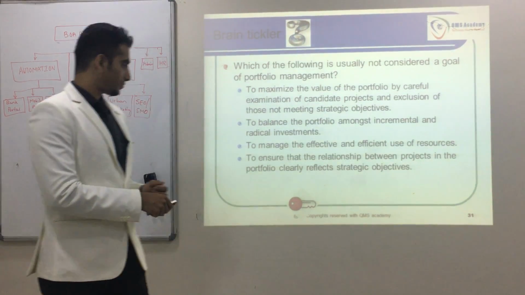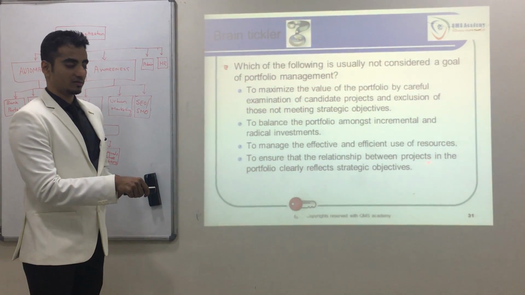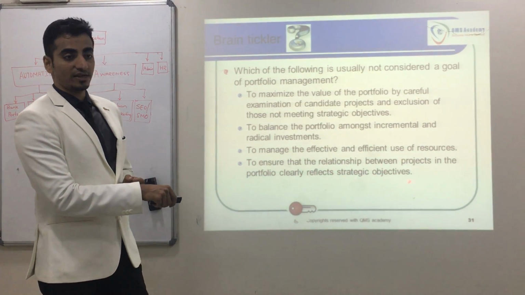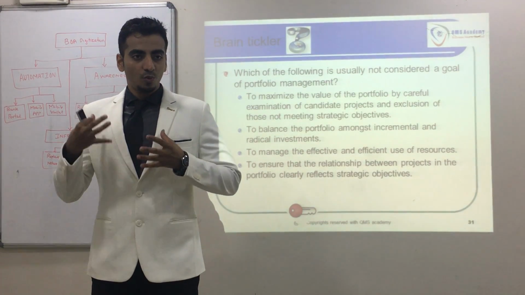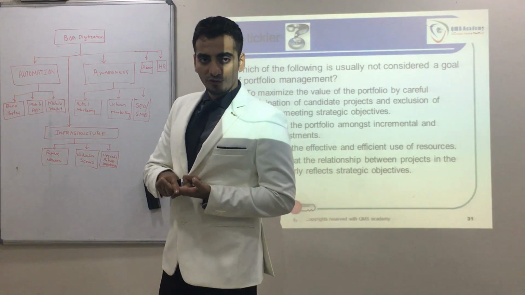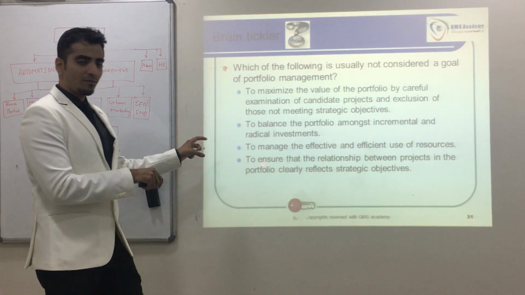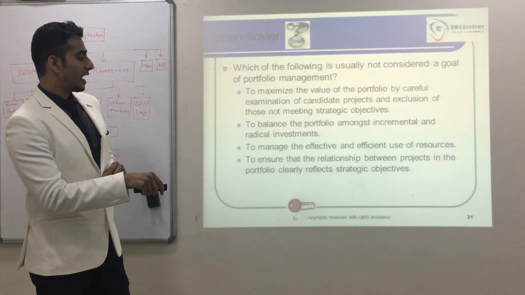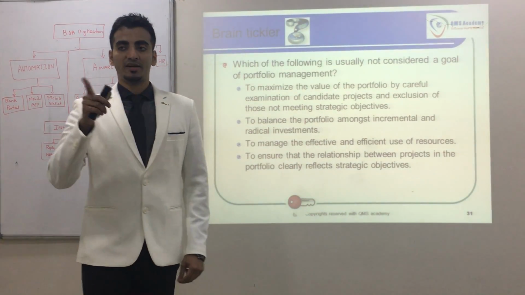And the last option. To ensure that the relationship between the projects in the portfolio clearly reflects the strategic objectives. Now, where do we give the strategic objectives? And which is the place which has a relation among the projects? So is it portfolio or is it program? If the same option is reframed to ensure that the relationship between projects in the program clearly reflects the strategic objectives, then it is correct.